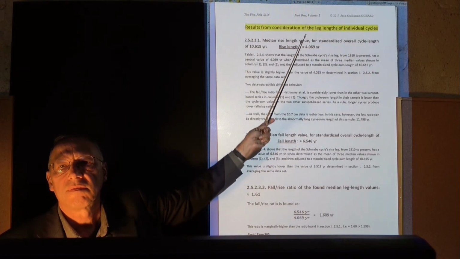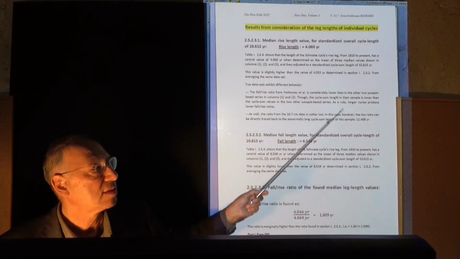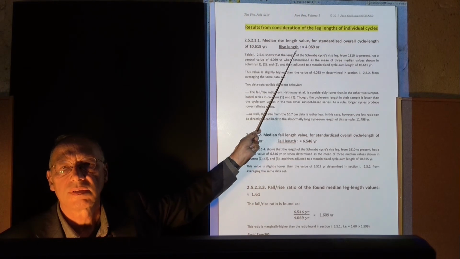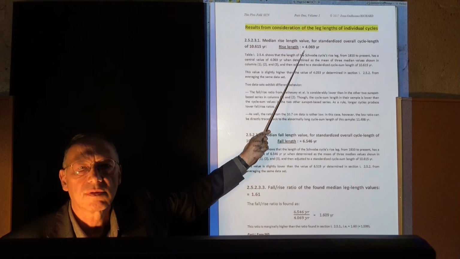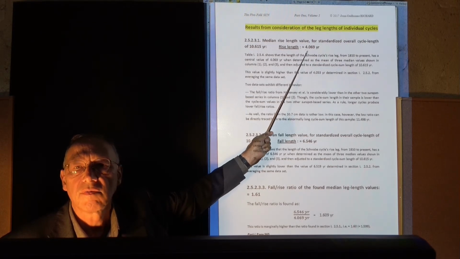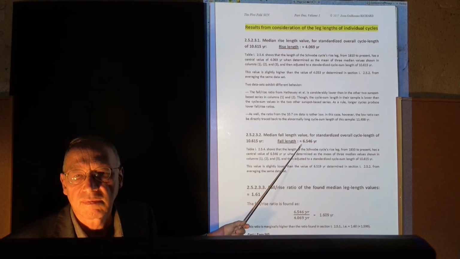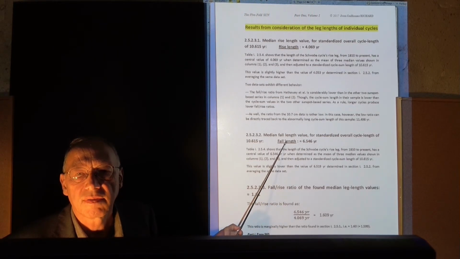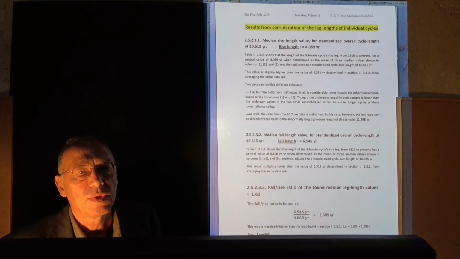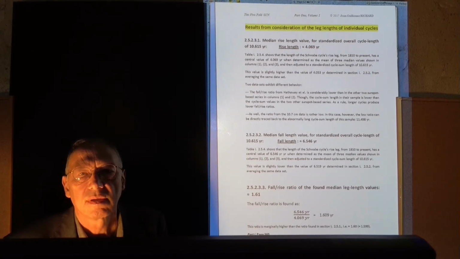From consideration of the leg lengths of individual cycles, we arrive at a slightly different result, but within uncertainties it is almost identical to what was found with the previous method: 4.069 years for the rise length, 6.546 years for the fall length, when we standardize the cycle length to a standard of 10.615 years.